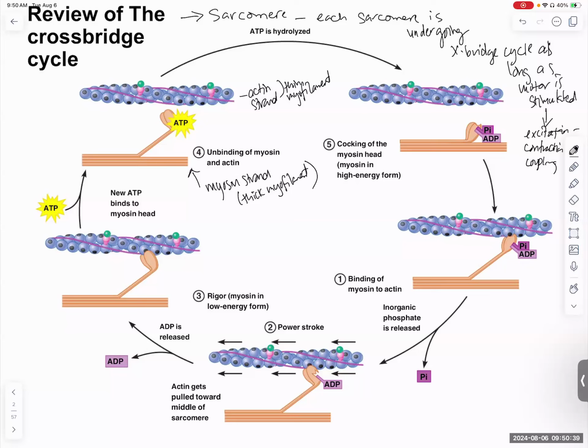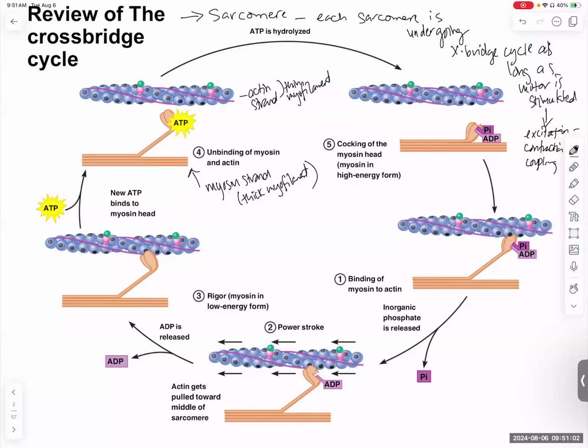It's really an interaction between the myosin heads and the actin strands that are producing a shortening effect in the sarcomeres. And this is cyclical, meaning a myosin head can reach across, attach to an actin strand, pull the actin strand, then detach, and then reattach again.